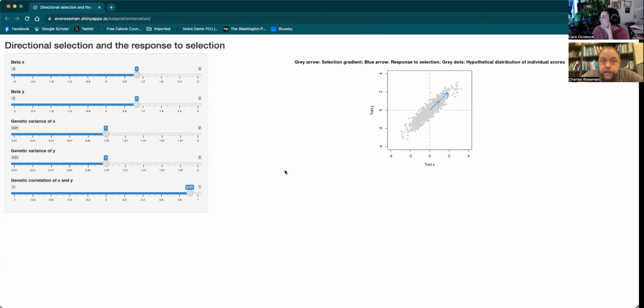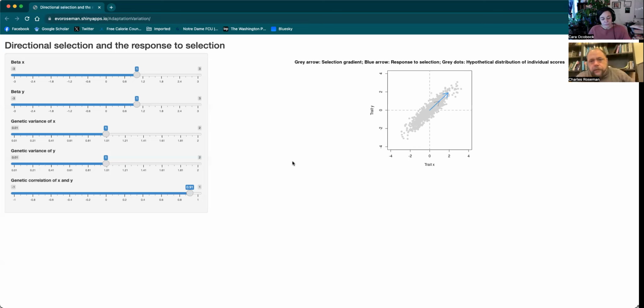The gray arrow hasn't changed. We haven't messed around at all with what natural selection is doing. We've only tightened up the correlation between the characteristics. So I'm going to use correlation and covariance a little bit loosely here, interchangeably. They're just different ways of describing the way that things vary together.